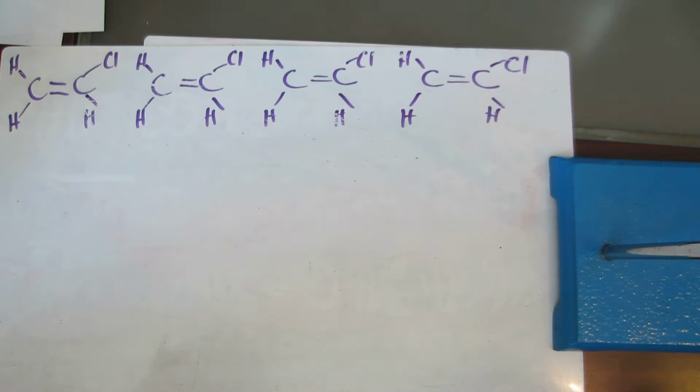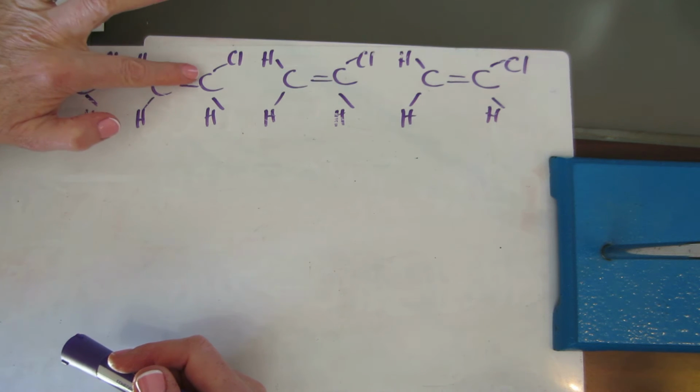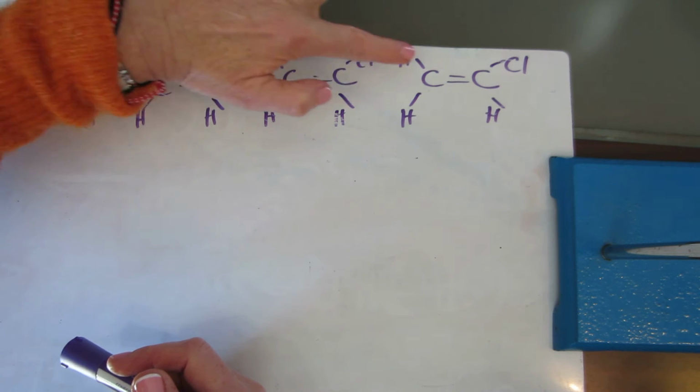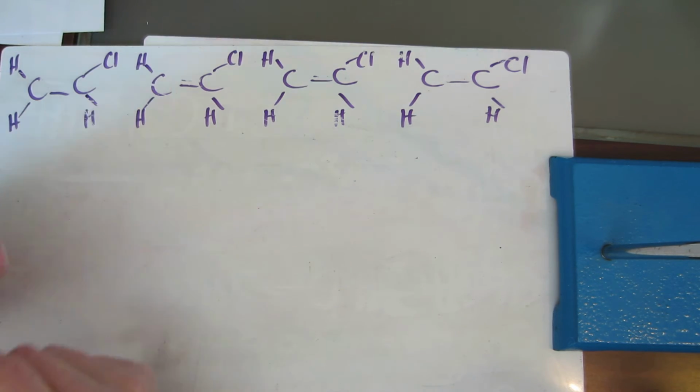I could have anything bonded here because these atoms and groups do not take part in the addition polymerization reaction. Remember, the only thing that happens is the carbon-carbon bonds break and the monomers join together.